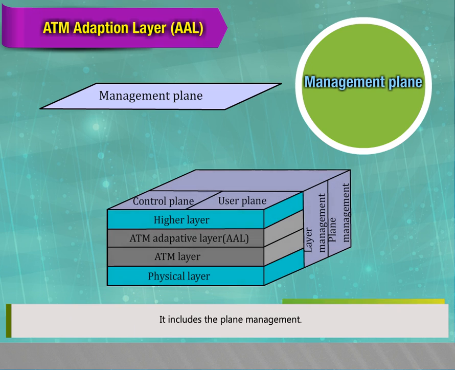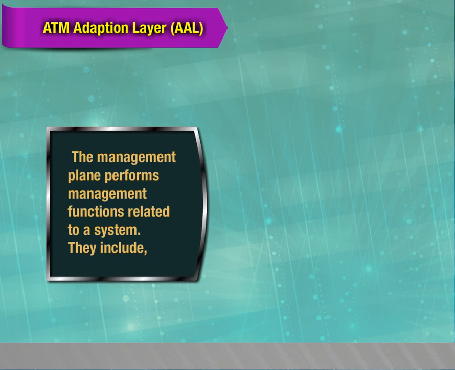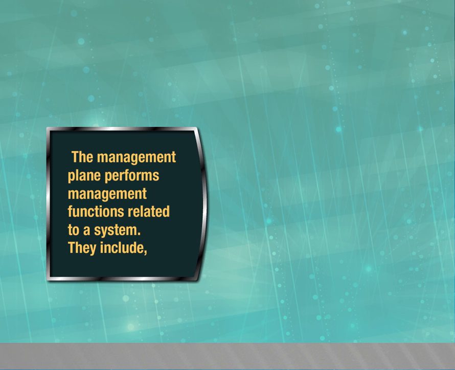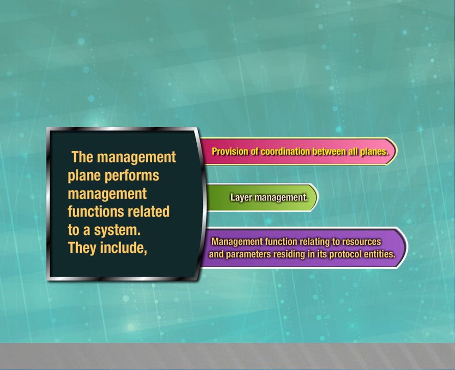Management plane. It includes plane management. The management plane performs management functions related to a system. They include provision of coordination between all planes, layer management, and management functions relating to resources and parameters residing in its protocol entities.